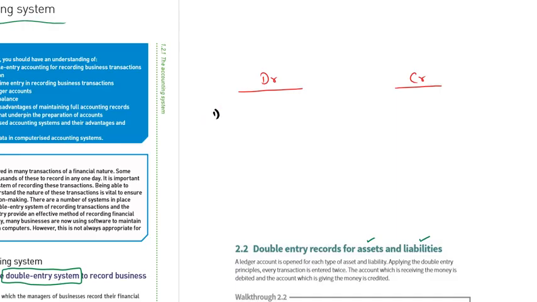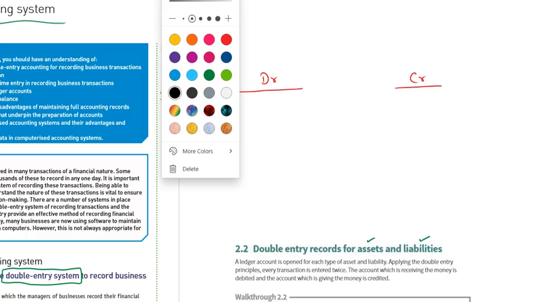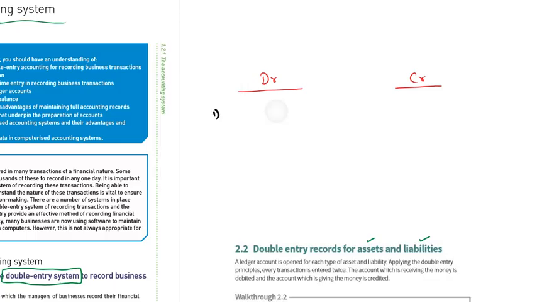Number one, the nature of asset is debit. If asset increases, we debit the asset. The second one is drawings.